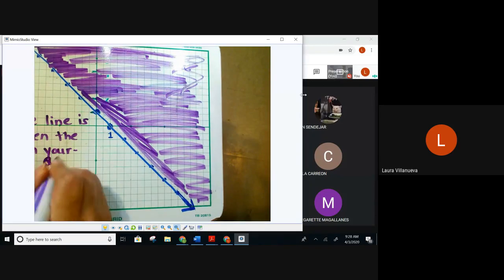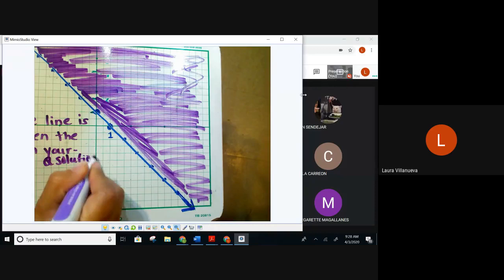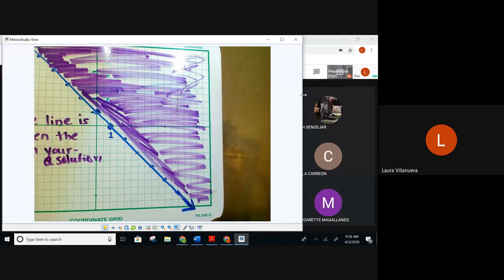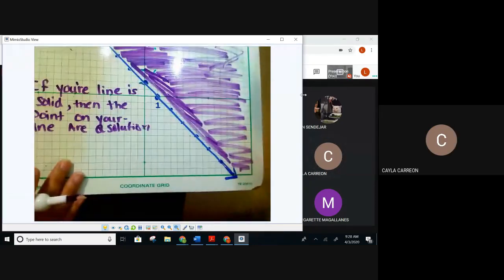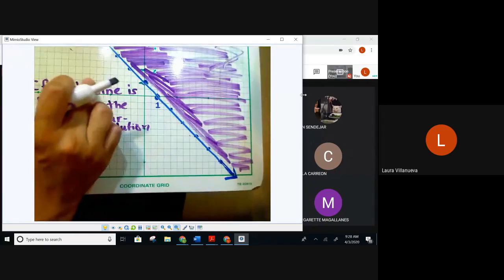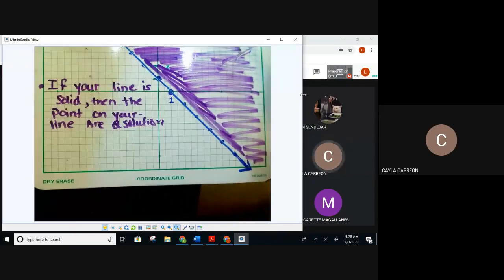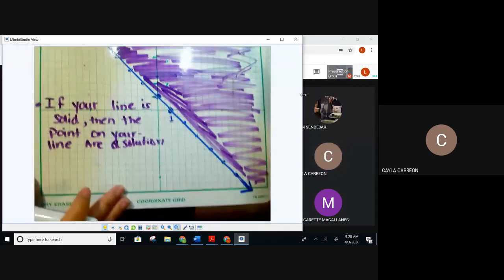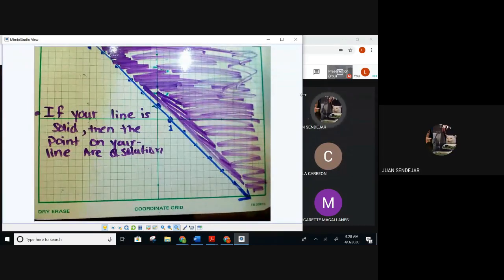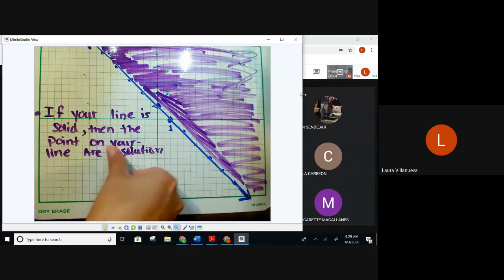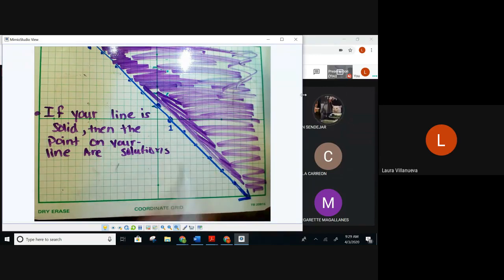What do I mean? If your line is solid, then the points on your line are solutions. So what do I mean? I mean that if this is your line, and I say, okay, let me check.